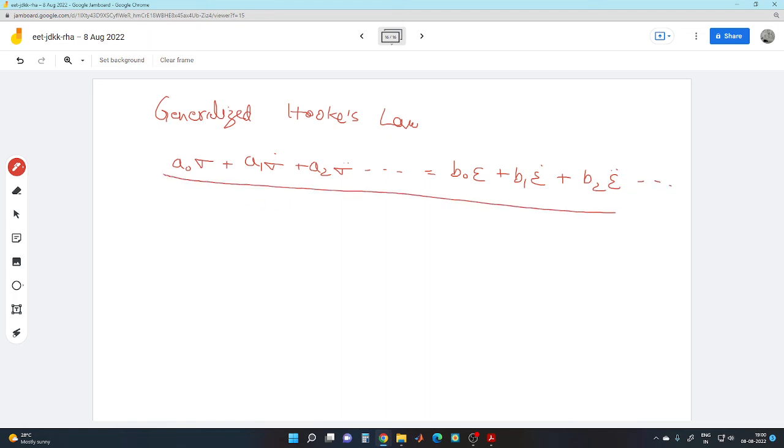So this is the generalized Hooke's law. And for any given material, we can have A naught, A1, A2 and so on, B naught, B1, B2 and so on values.